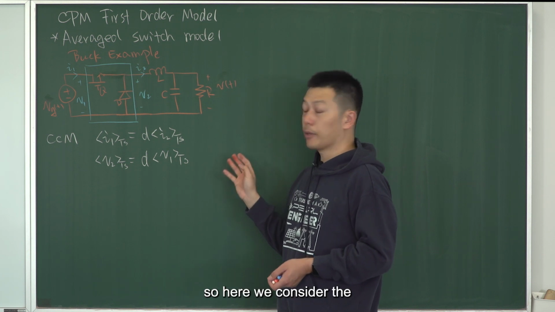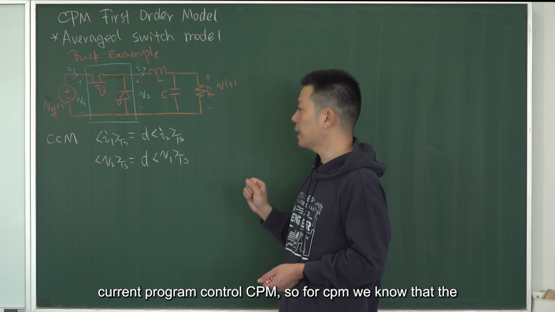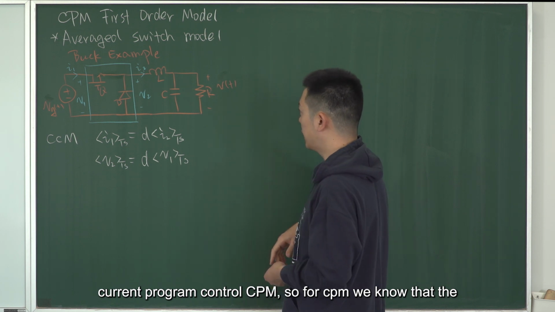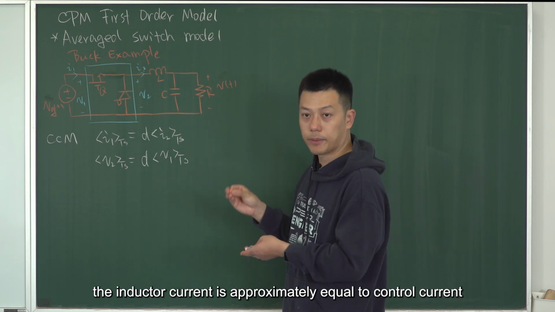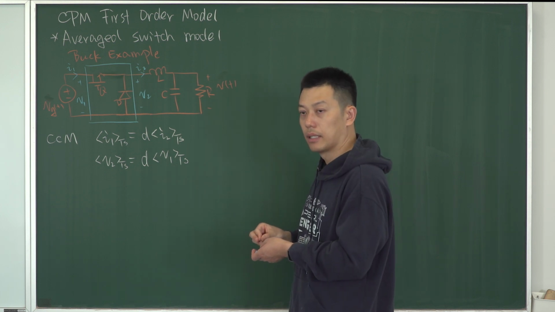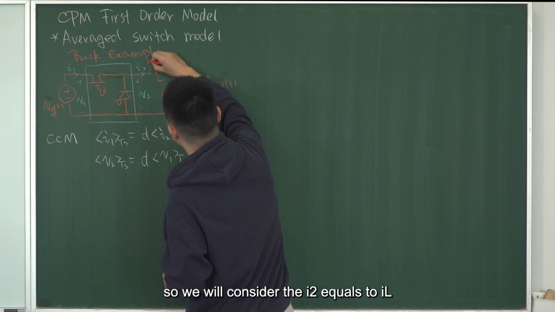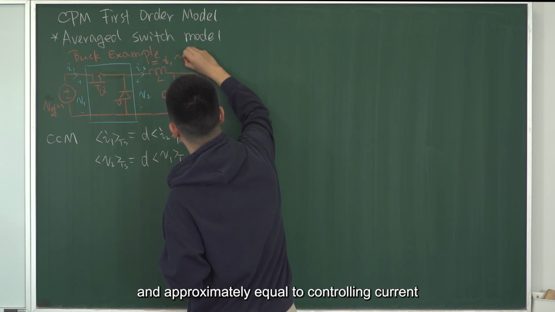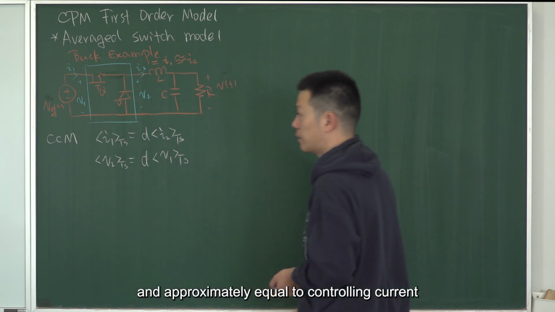So here we consider the current programmed control, CPM. So for CPM, we know that the inductor current is approximately equal to control current. So we will consider that I2 equals IL and approximately equal to controlling current, right?